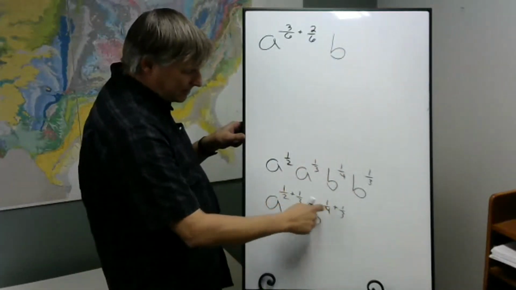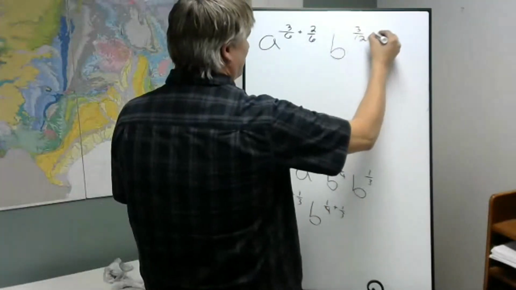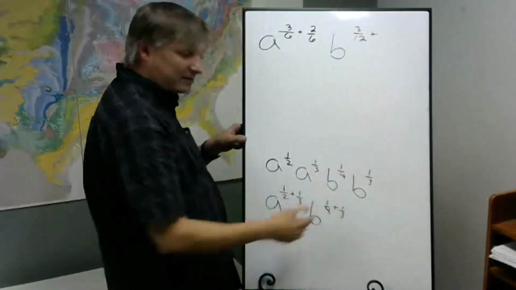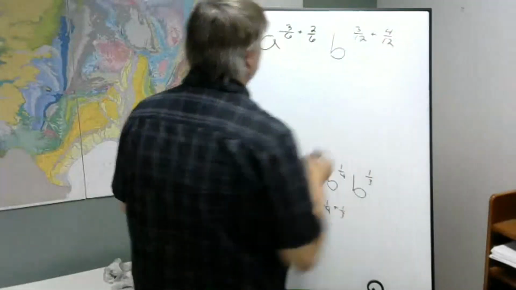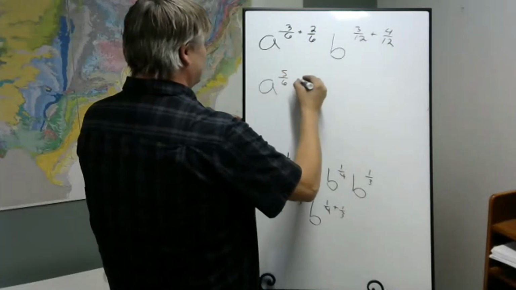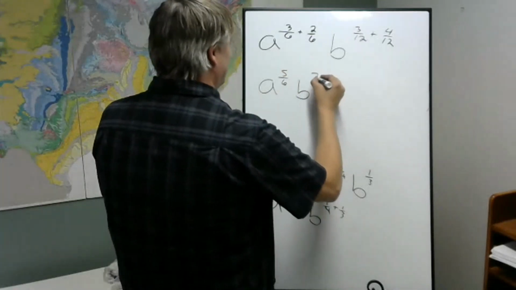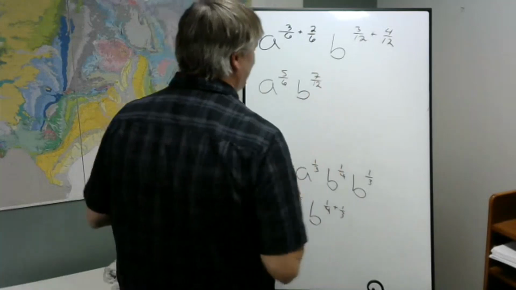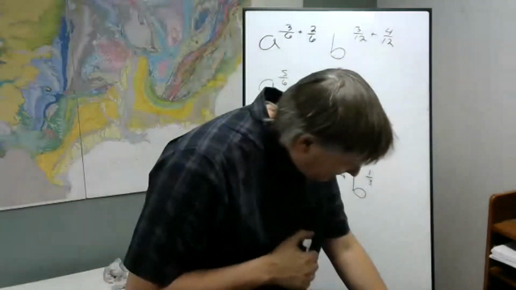So multiply top and bottom by 3. Top and bottom by 4. Let's see, 7 12s. Well, let me see, what kind of answer are they looking for here?